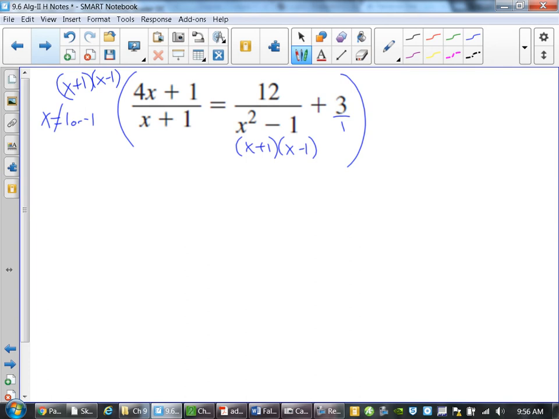So I'm going to go long form and write out all of my terms, and then you'll start to see what things are going to drop. We're going to get x plus 1, x minus 1, 4x plus 1, all over the x plus 1.